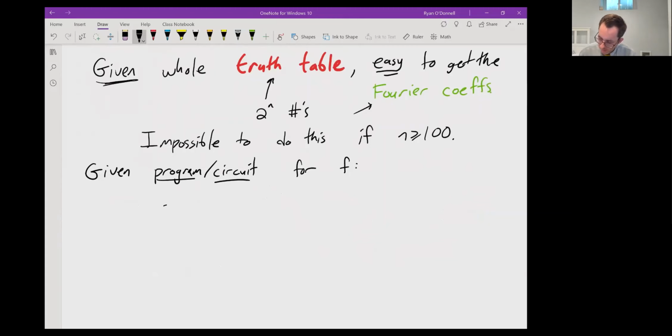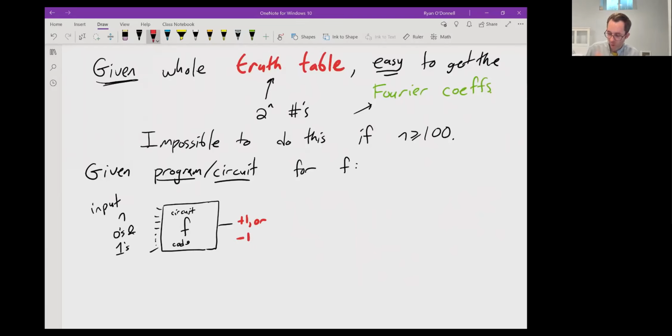That's how we normally think about having a function that we care about. There's some kind of box, maybe it's a circuit, or maybe it's some code, who can say. But the point is, it takes in a bunch of input bits, n zeros and ones. That's the input. In my little example, it just outputs one output bit, which you can call 0 or 1, or we've been calling it +1 or -1. That's the normal sense in which you have a function that you care about.